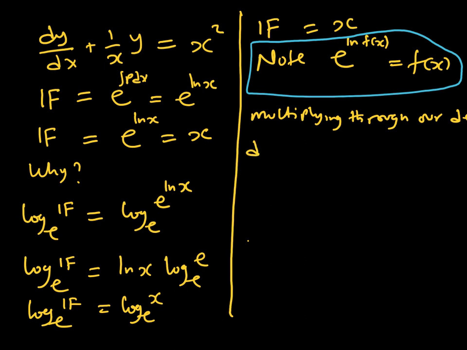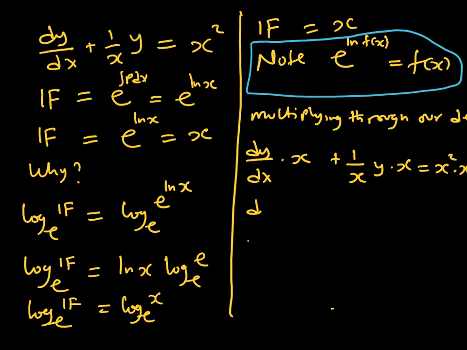We have dy by dx times our integrating factor, which is x, plus 1 over x times y multiplied by the integrating factor, equals x squared times the integrating factor.